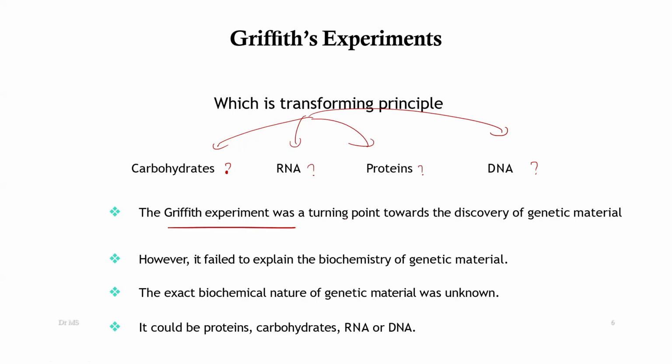The Griffith experiment was the turning point for the discovery of the genetic material. Till that time, what they believed was that whatever the genetic material is, it is unchangeable.